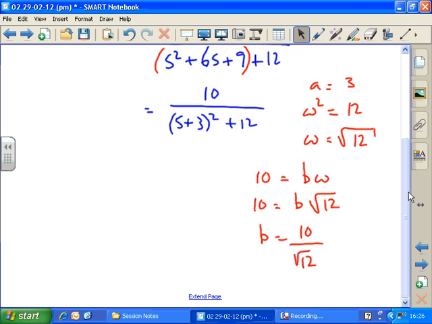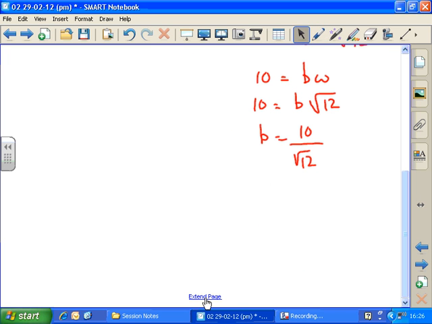So then I can write the solution. And the solution has the form B e to the minus A t sine omega t. So then I can put in the values A, B and omega.